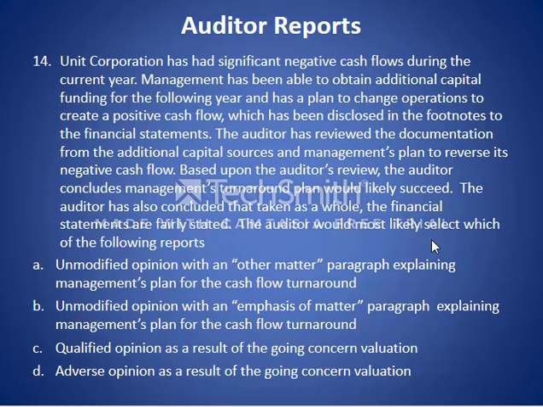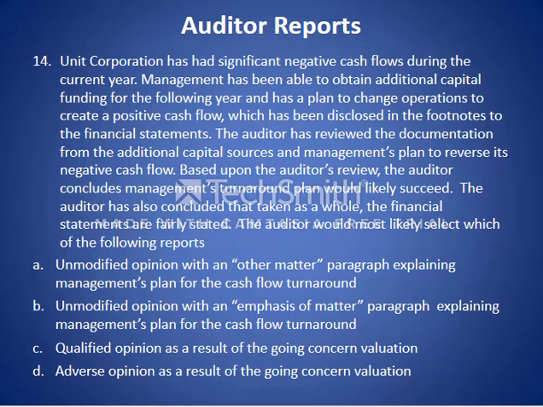Unit Corporation has had significant negative cash flows during the current year. Management has been able to obtain additional capital funding for the following year and has a plan to change operations to create a positive cash flow, which has been disclosed in the footnotes to the financial statements.